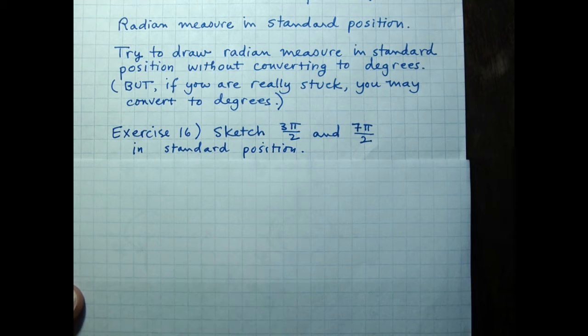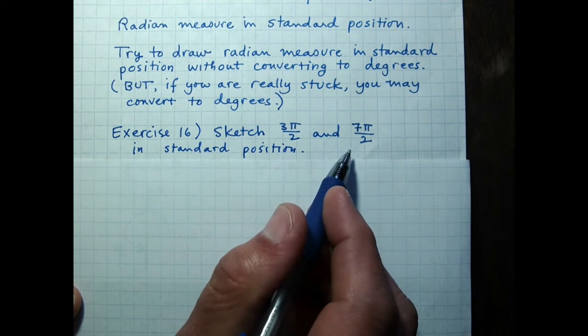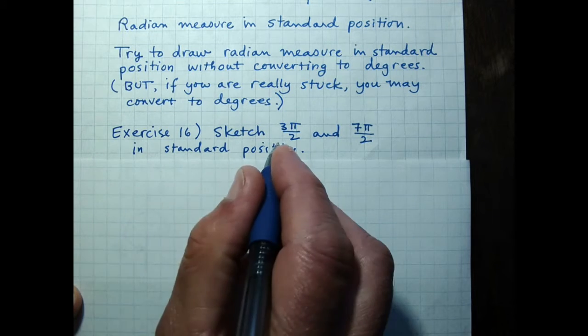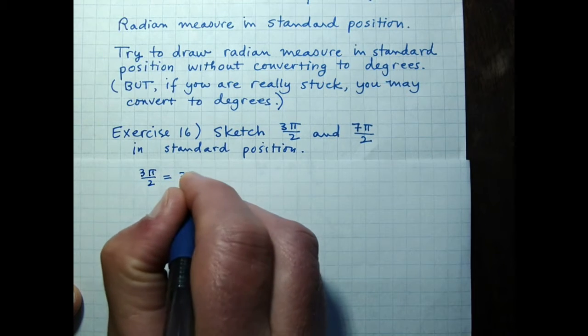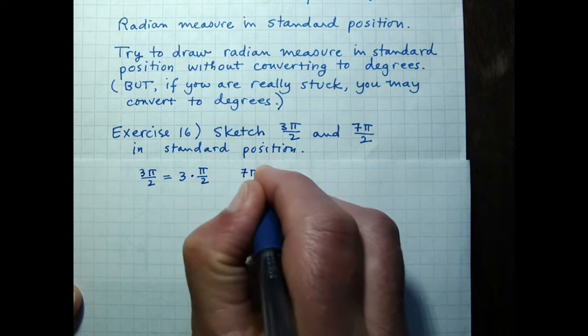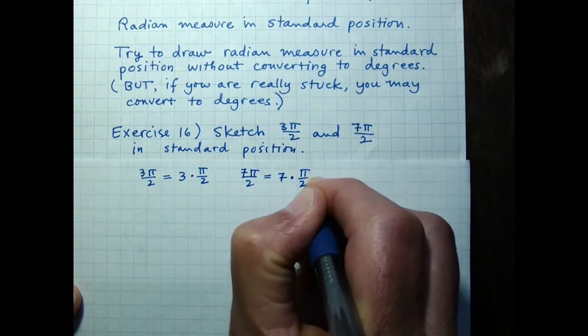So let's do exercise 16 here. We want to sketch 3 pi over 2 and 7 pi over 2 in standard position. Now, with some of these radian measures that are given as fractions, we can think of them as multiples of certain standard angles. So for instance, 3 pi over 2 is just 3 times pi over 2, or 7 pi over 2 is 7 times pi over 2.